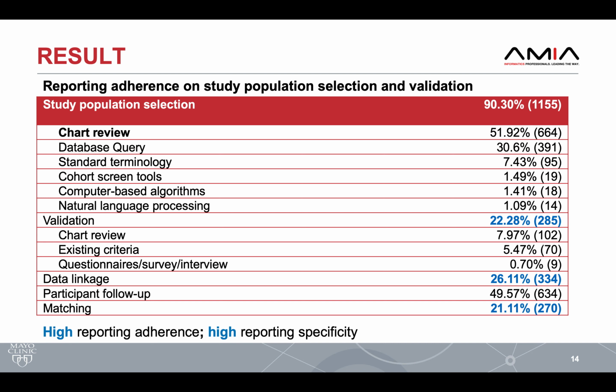This slide shows the adherence analysis for study population selection, and indicates there is a high reporting adherence and high reporting specificity. Chart review, database query, and standard terminology are the 3 most used methods.